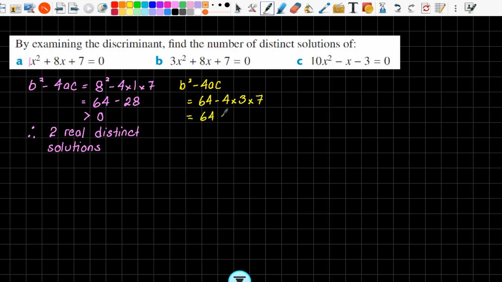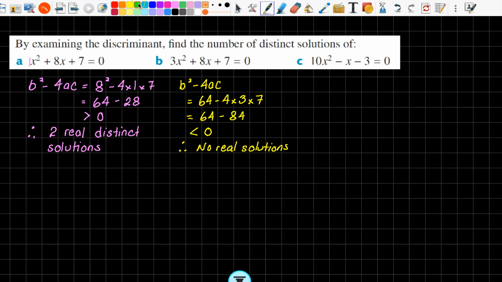So I've got 64 minus 12 times 7, which is 84. And clearly that's minus 20, but all I have to do is say it's less than 0. Therefore, no real solutions. Roots, solutions, zeros, etc., none of them are real.